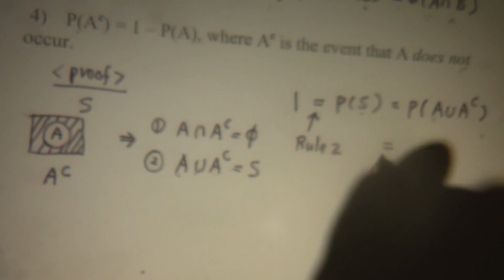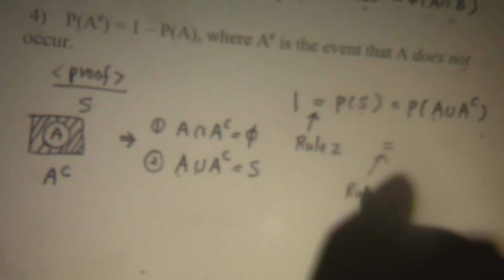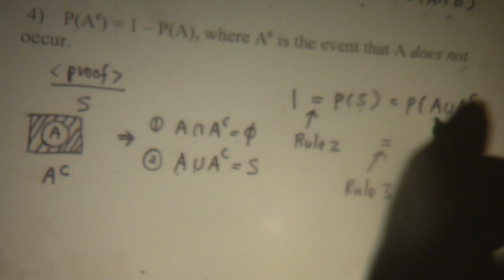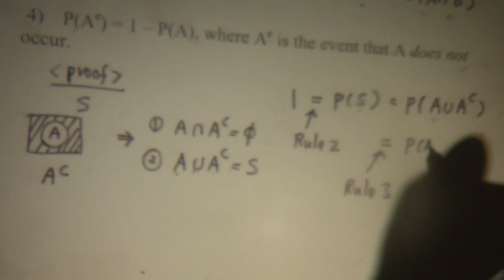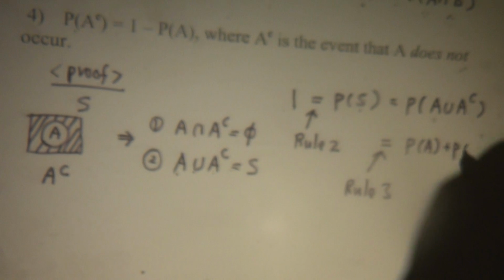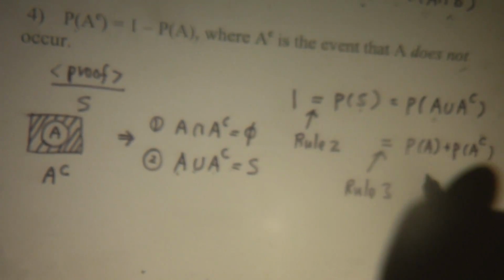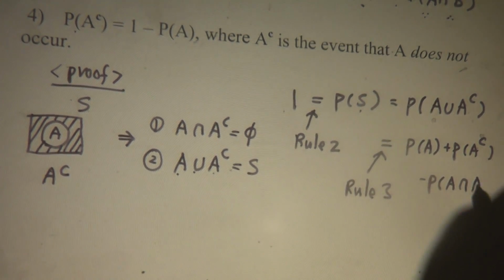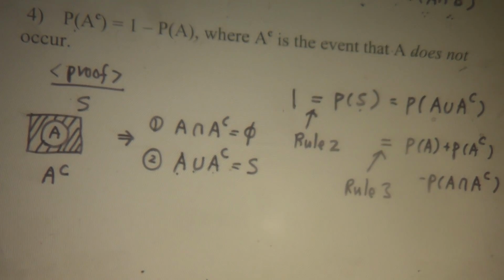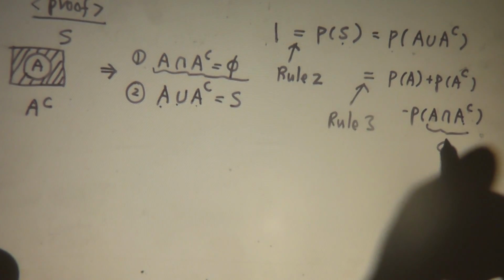But from rule number 3, probability of A or A complement is also equal to PA plus PA complement, and then subtract PA and A complement. However, A and A complement share nothing in common, so this one is empty.